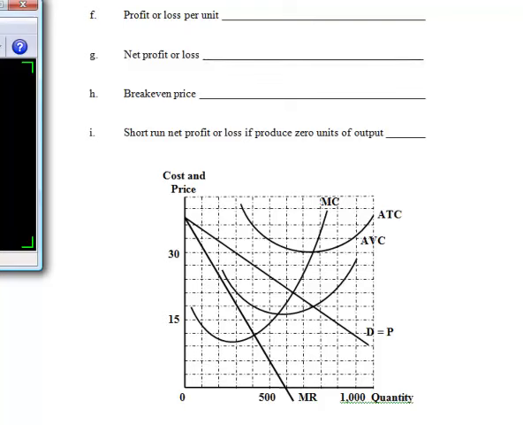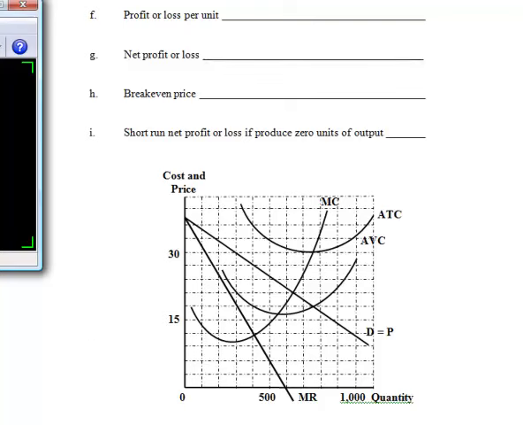Okay. This is another graph, and if you notice, in every graph that we've done on these videos, I've picked arbitrarily a quantity that I'm asking you to label and a price that I'm asking you to label, as well as picking a value for AVC and ATC.